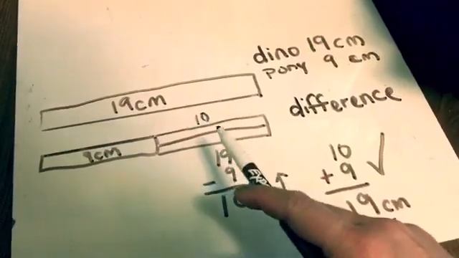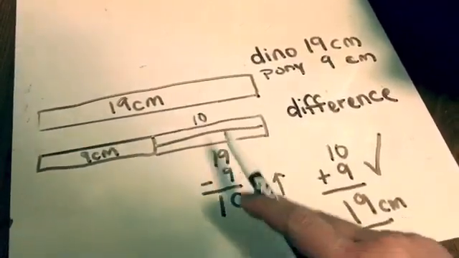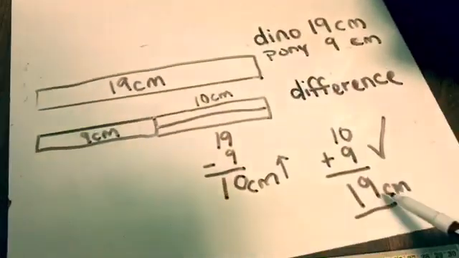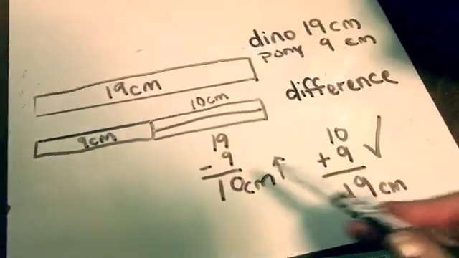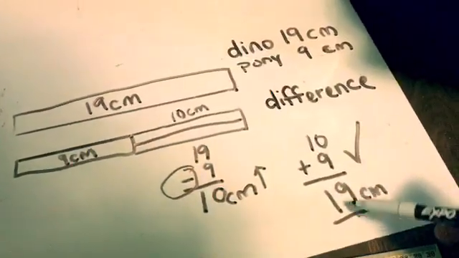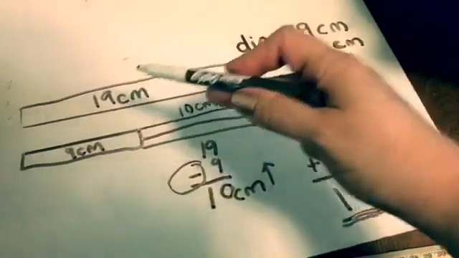Okay, so the difference between the two lengths is 10 centimeters. And we know we got it right because we checked our work and we did the opposite of subtraction, which is addition, and we got our top answer.